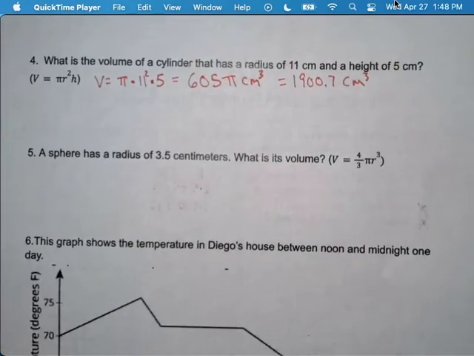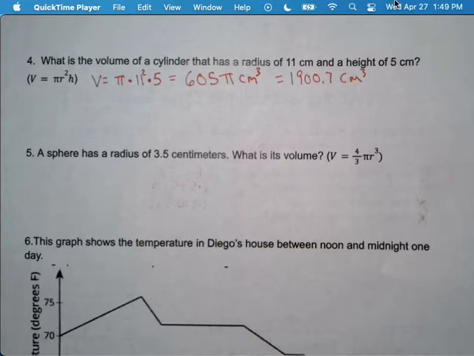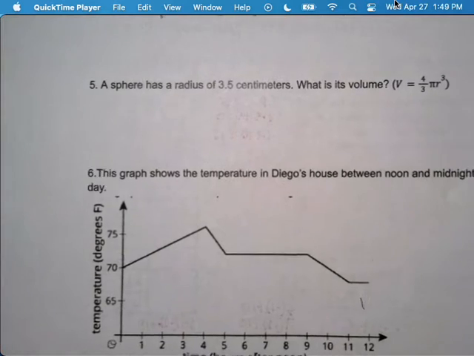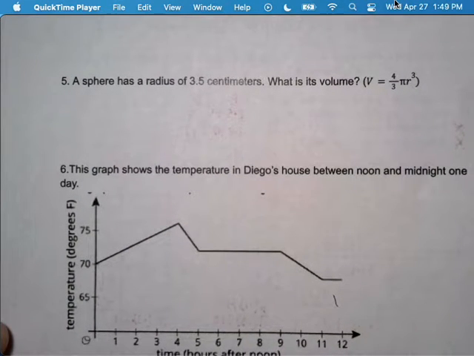I'm okay with either way. If you want to do the pi symbol or not do the pi symbol, that's fine. Totally your call.